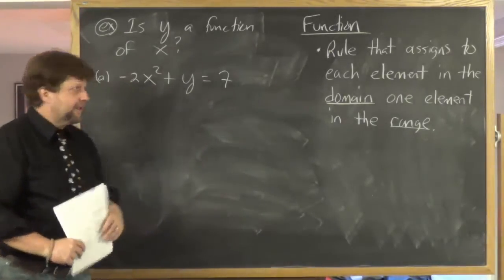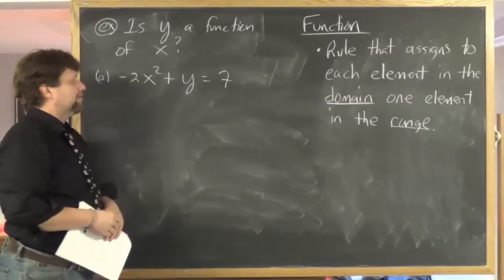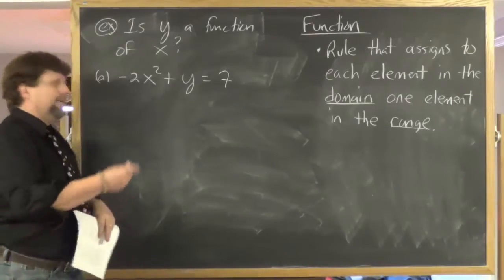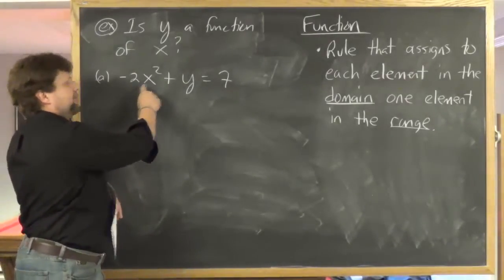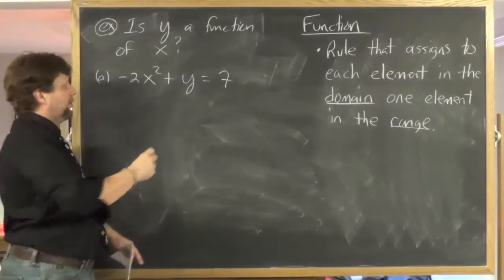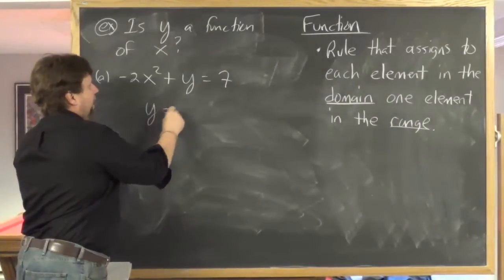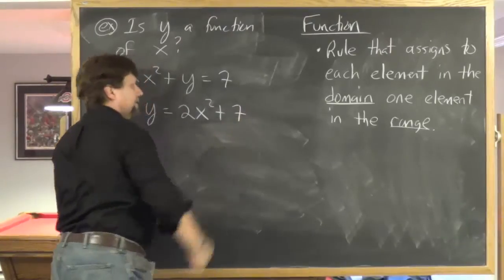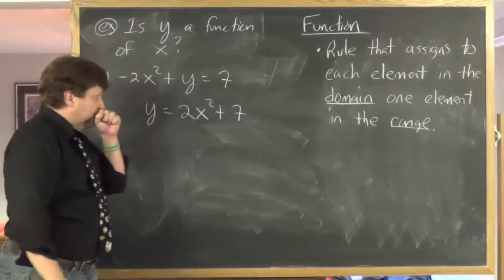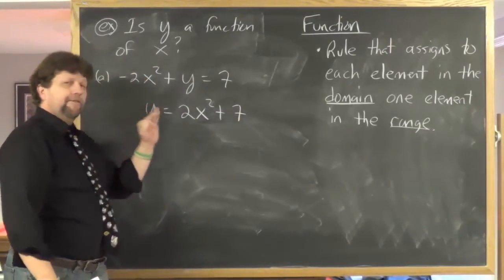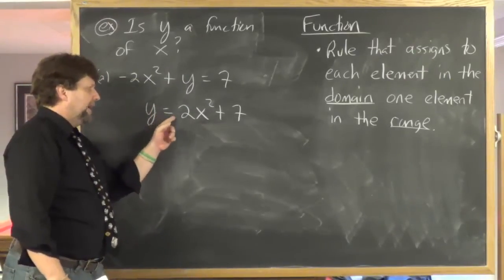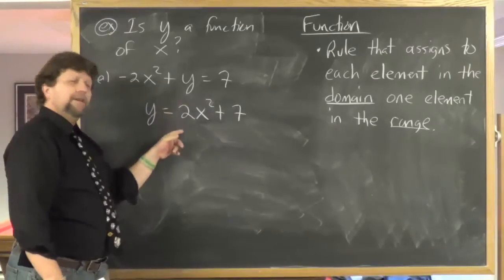So let's look at this first example. Negative 2x squared plus y equals 7. Solve this equation for y. It's not that difficult. You're just going to add 2x squared to both sides of the equation, and you get y equals 2x squared plus 7. Is y a function of x? Do we have y equals a single expression?